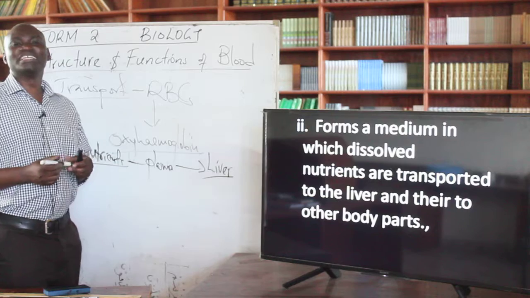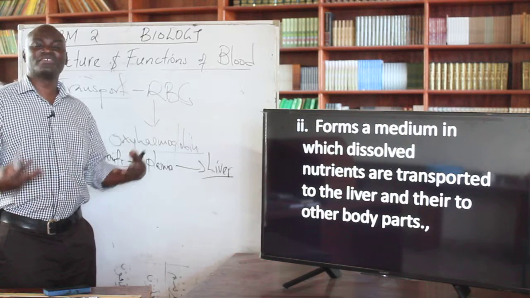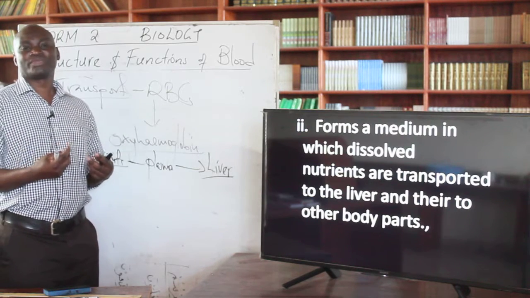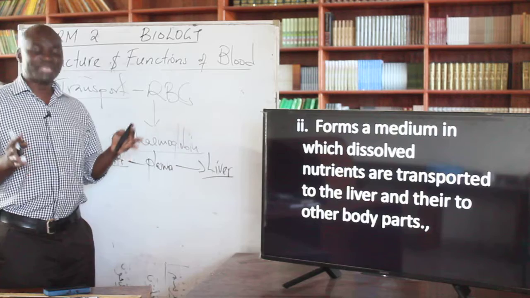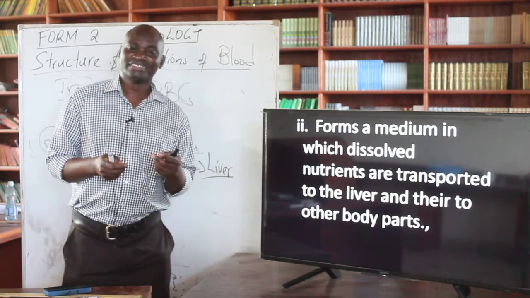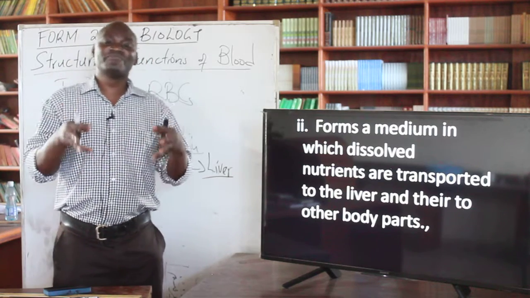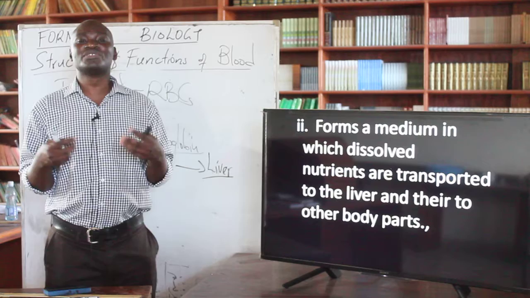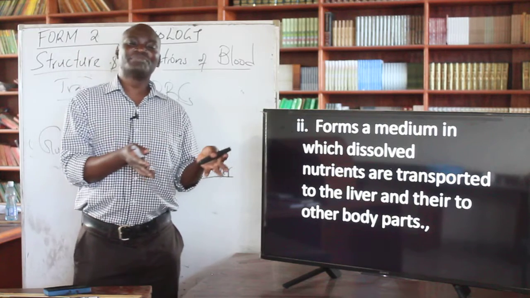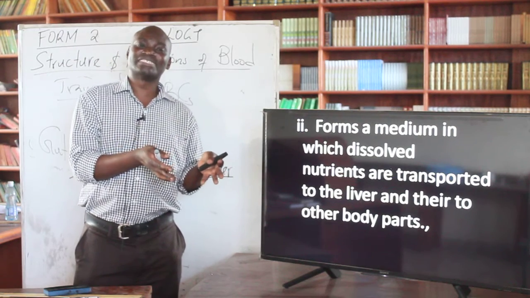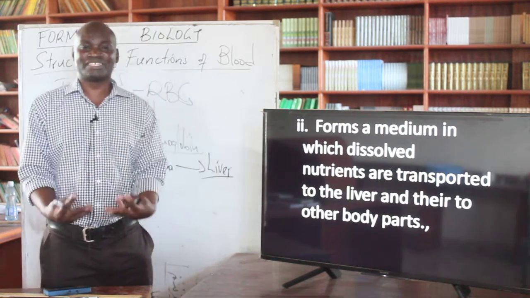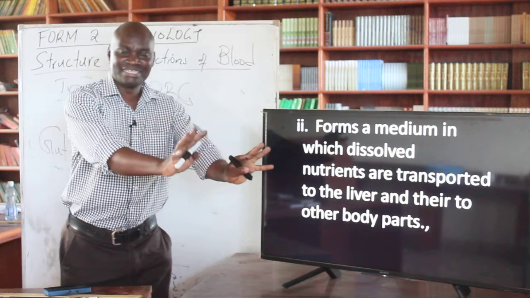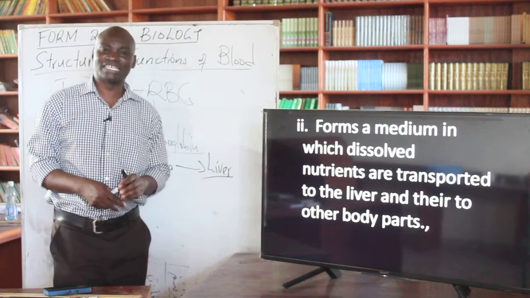Why? Because after the food has been absorbed, some of the food substances contain drugs or poisonous substances. They must be destroyed by the liver first, before the liver can release the food into the general circulation.